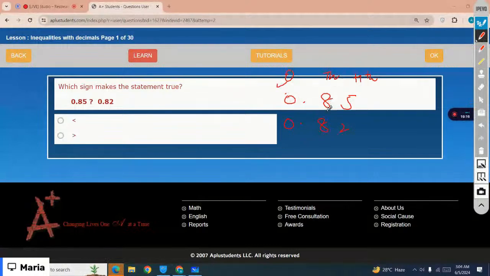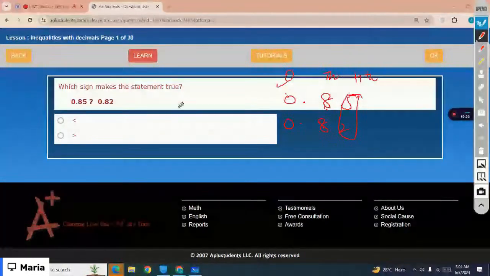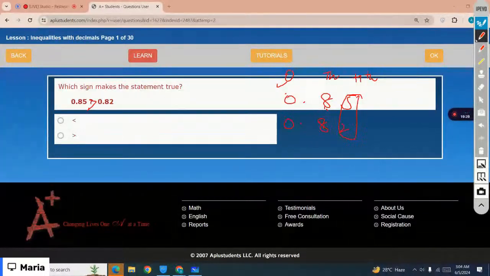Then the digit that is at the 10th place is again 8. They are same. You have to compare 5 and 2. So 5 is greater than 2. That means 0.85 is greater than 0.82. The correct option is greater. Got it? Option number 2 is the correct option.